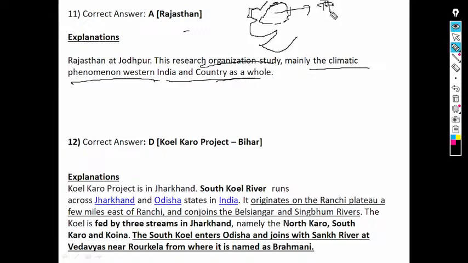This is your third desert, where it is well noticeable from those regions particularly.